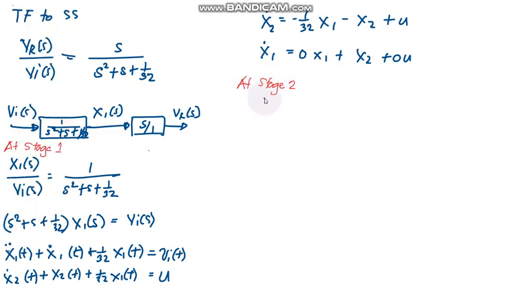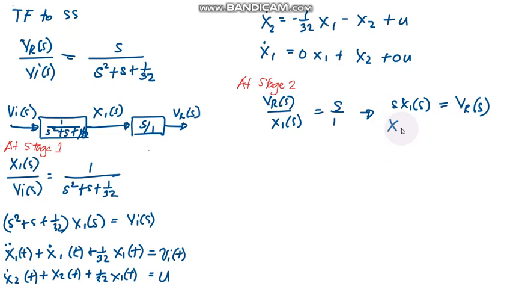Okay, so at stage 2, our transfer function would be VR of S over x1 of S equal to S over 1, which will be equivalent to S x1 of S equal to VR of S. And of course, taking the inverse Laplace of this, where S means first derivative, so that will be x1 dot of t equal to VR of t, or that is written as VR of t.